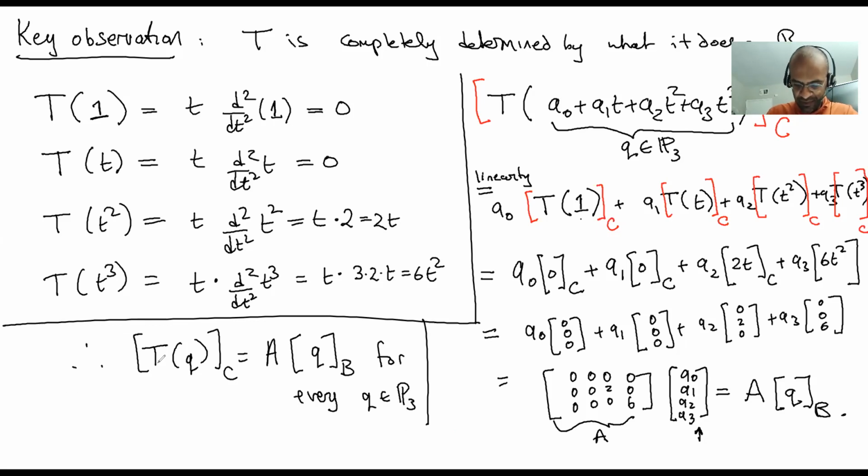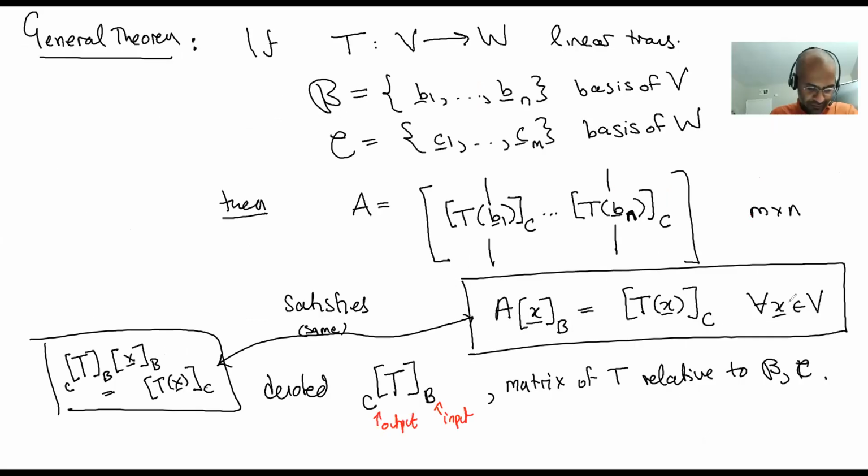But the point is that the sequence of steps I did on the right-hand side works in general. I didn't use anything specific. This particular matrix, of course, depends on the particular transformation, but I could do this for any transformation. And if you do it for any transformation, you get this theorem. Okay, thank you.